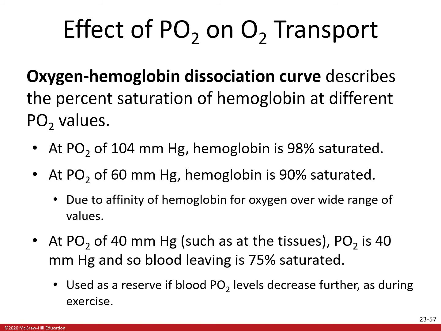And do make a little note that at a partial pressure of 104 millimeters of mercury, that is the normal partial pressure of oxygen in blood leaving the lungs. So that is a very normal area to be in.